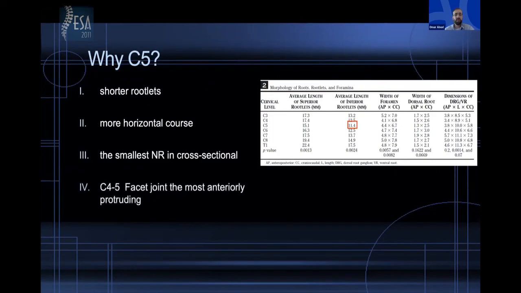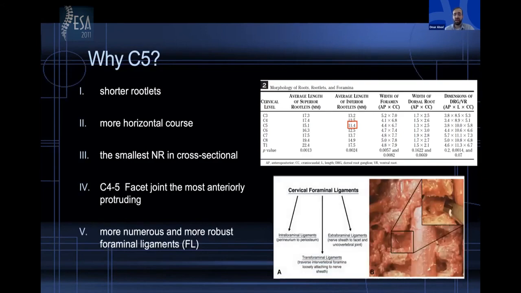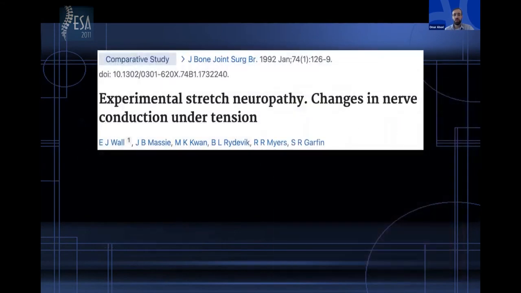The facet at C4-5 is the most anteriorly protruding, and it also has more numerous foraminal ligaments, as you can see here in the picture: intraforaminal, extraforaminal, and transforaminal ligaments, which all have to be released when you are doing the surgery.